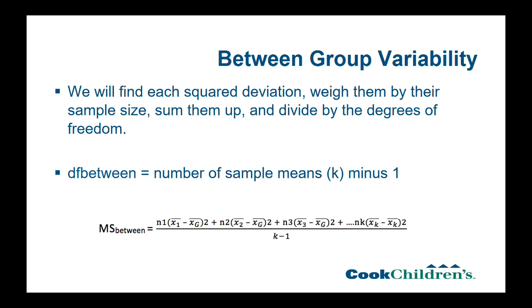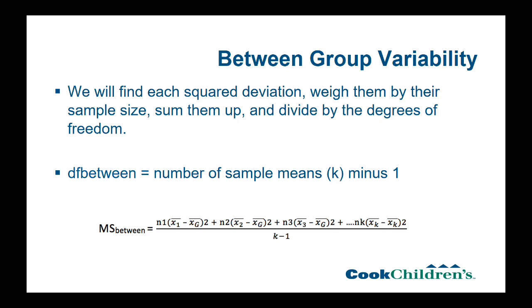For between group variability, the degrees of freedom is calculated by subtracting 1 from the number of group means. For example, if you have 3 groups, you are subtracting 3 minus 1, so the degrees of freedom will be 2.